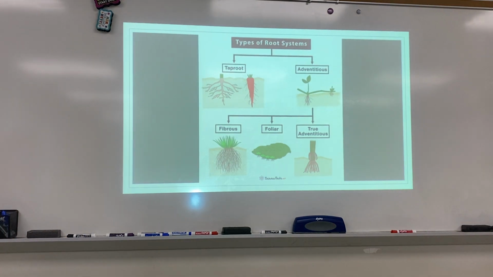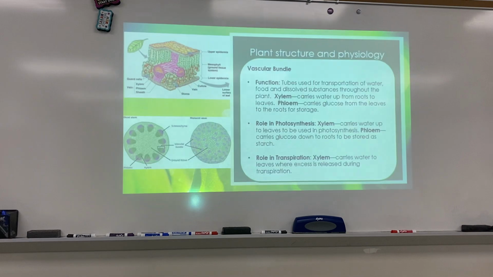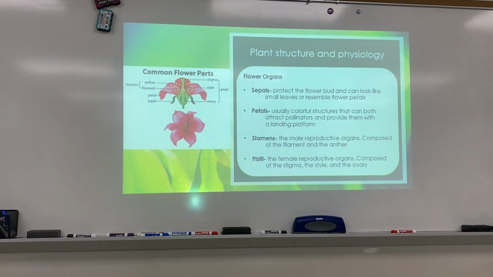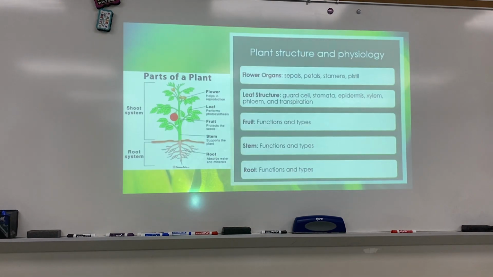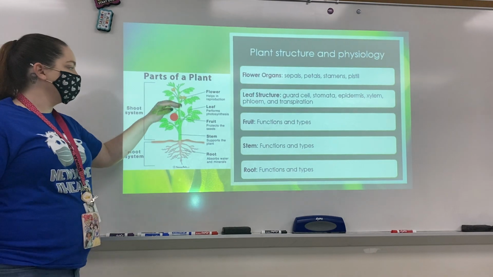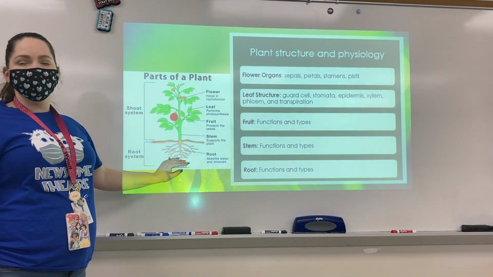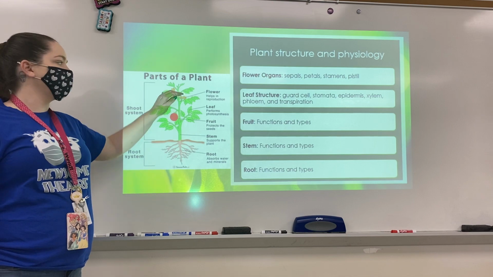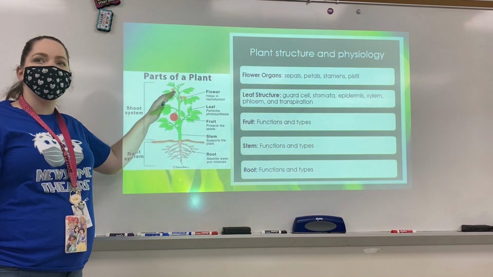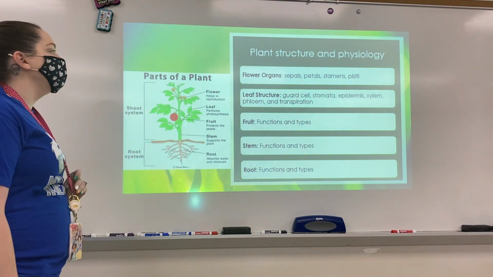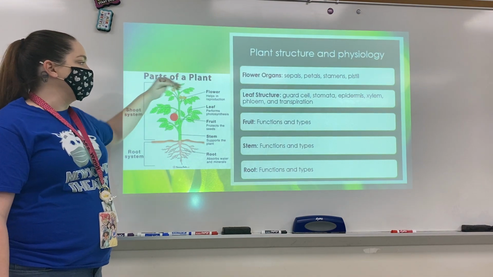All right. So I'm going to go back real quick and recap plants. Okay, so plants, you have flower, leaf, fruit, stem, root. Those are the different parts. You need to know the overall function of those different parts.